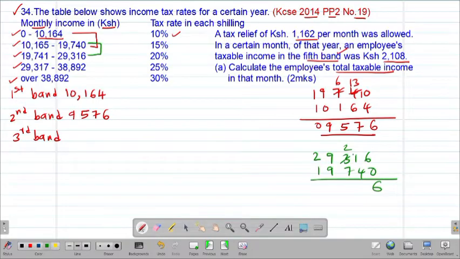This is 2, carry 1. This is 7. Then of course this is 8. This is 12. This will give us 5. This is 1. This is 18 minus 9. That will be 9. Therefore, the taxable income in the third band was still 9,576. Then we move to the fourth band.